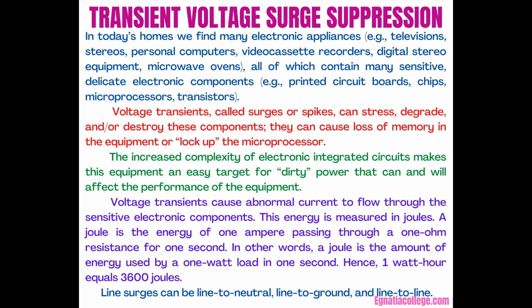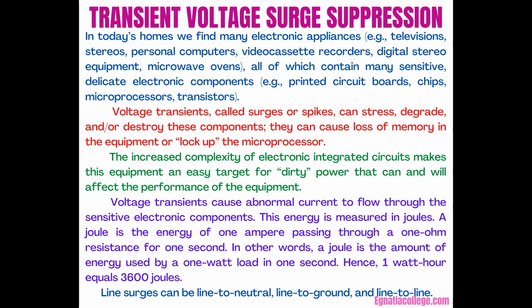Voltage transients, called surges or spikes, can stress, degrade, and/or destroy these components. They can cause loss of memory in the equipment or lock up the microprocessor. The increased complexity of electronic integrated circuits makes this equipment an easy target for dirty power that can and will affect the performance of the equipment.